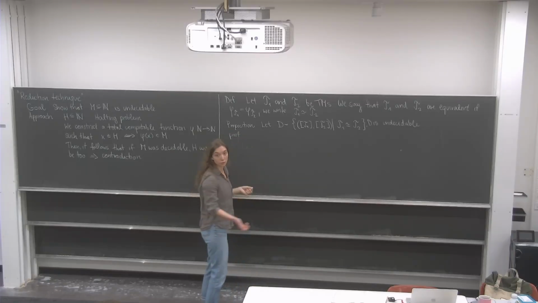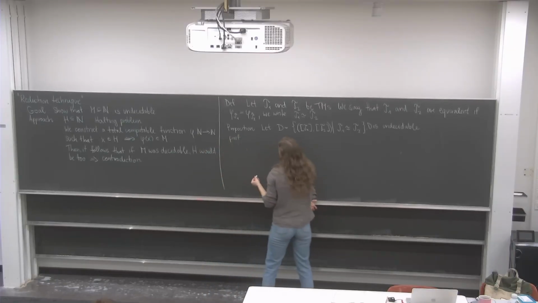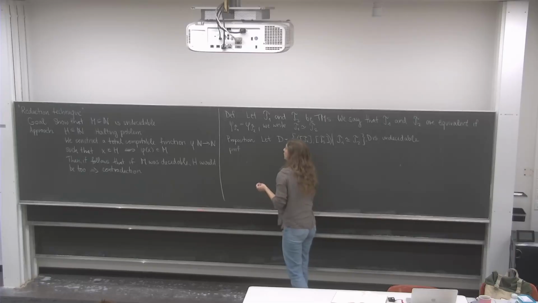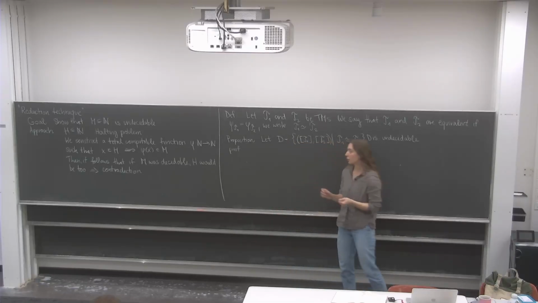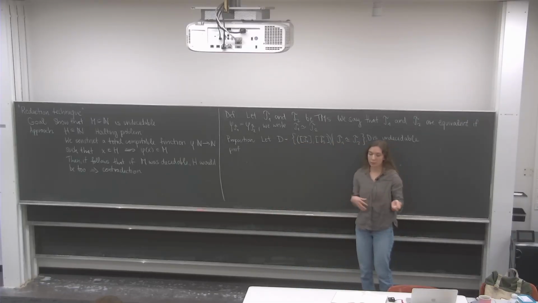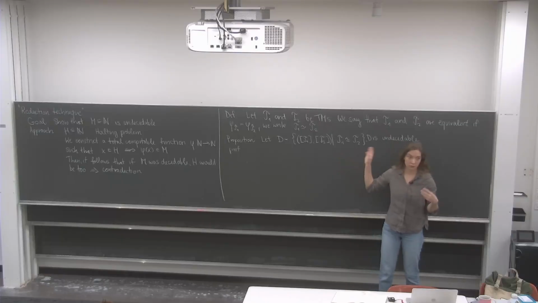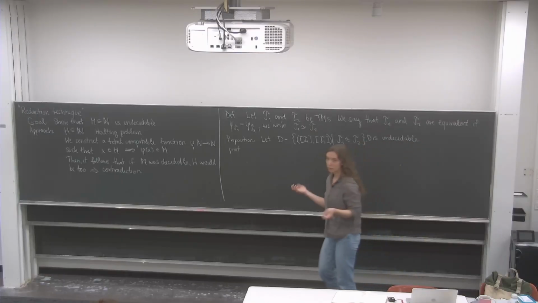So it should be a pretty straightforward process. So suppose for contradiction that D is decidable and that it's decided by some Turing machine D. So decided by, I just mean the characteristic function of this set is implemented by a Turing machine.